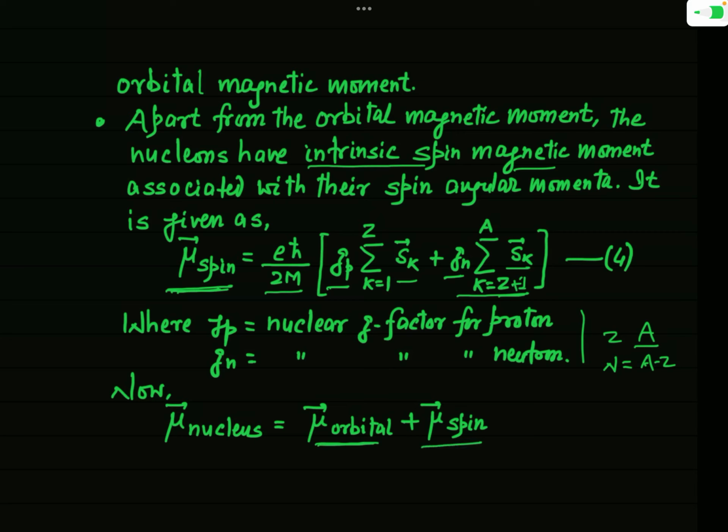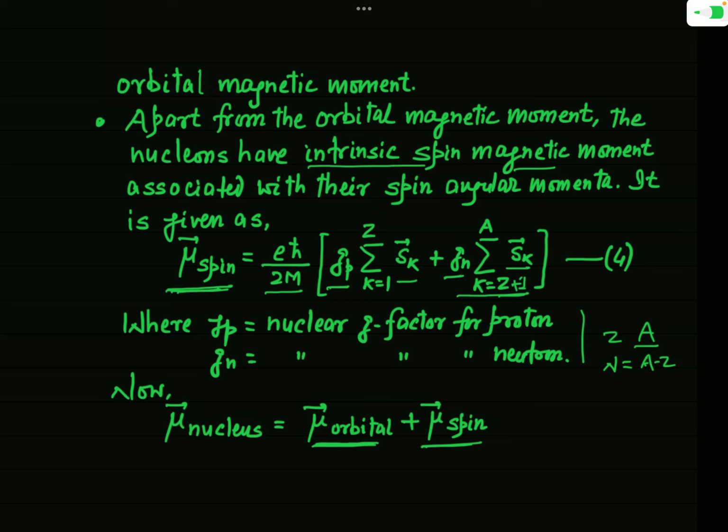So if you now want to find the total magnetic moment of the nucleus, what will that be? That will be simply the resultant of mu orbital and mu spin. And to get the resultant of these two vectors, we simply add vectorially mu orbital and mu spin.